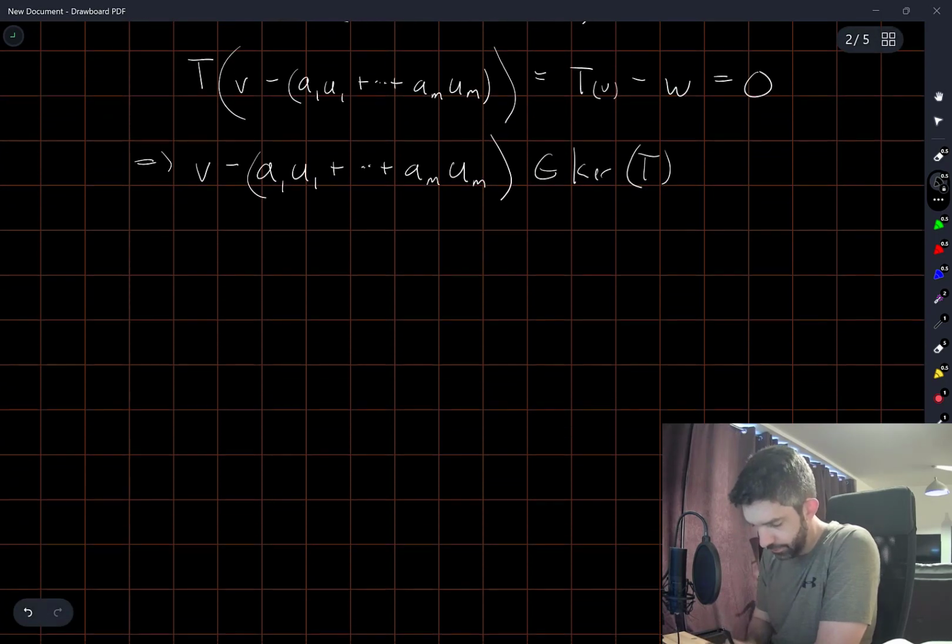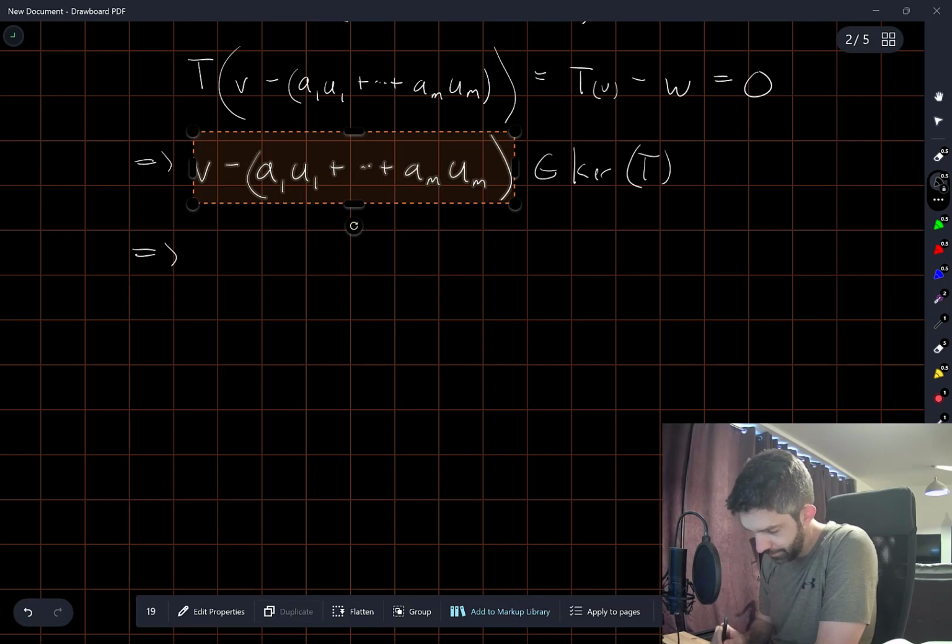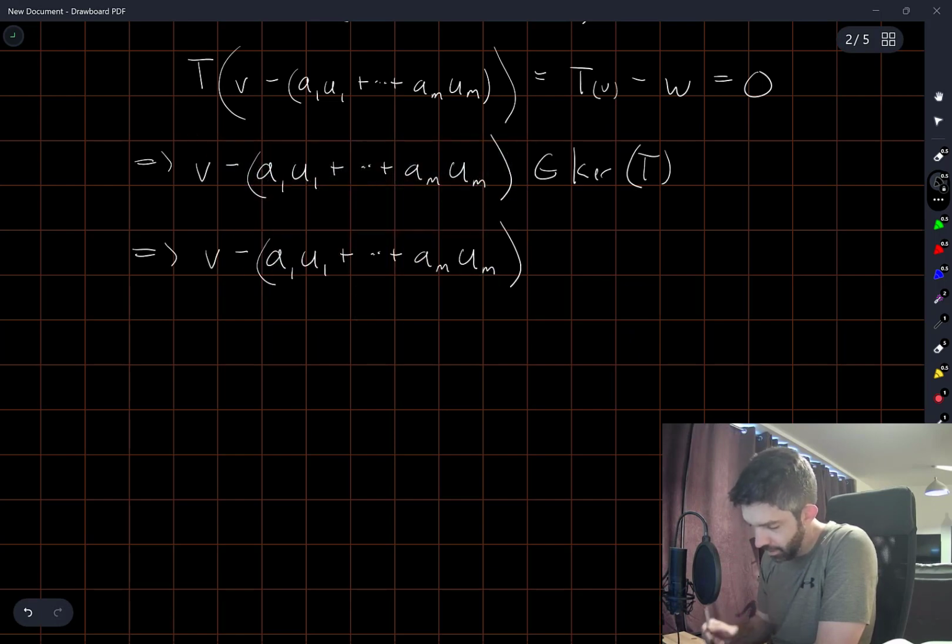And that says, because it's in the kernel of T, this means that it can be written as a linear combination of the basis vectors of the kernel, right?